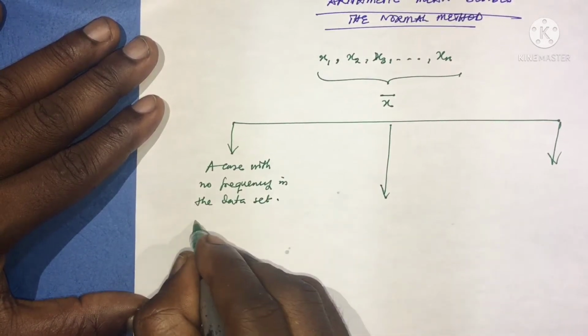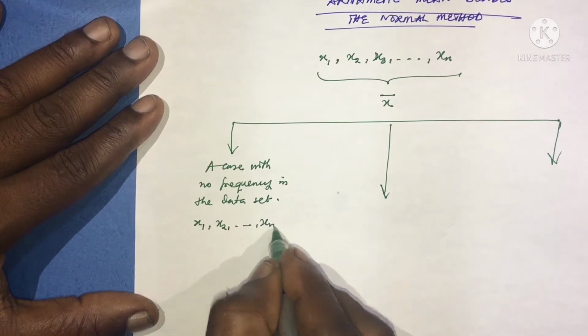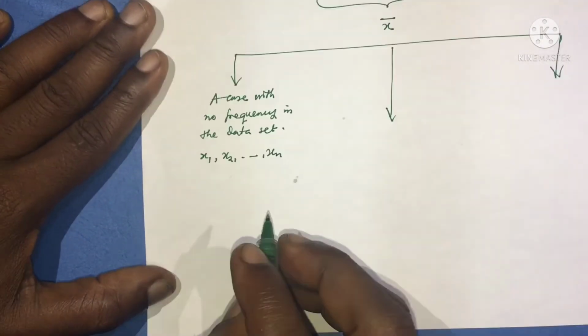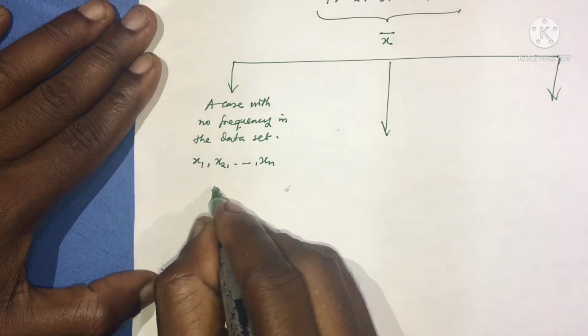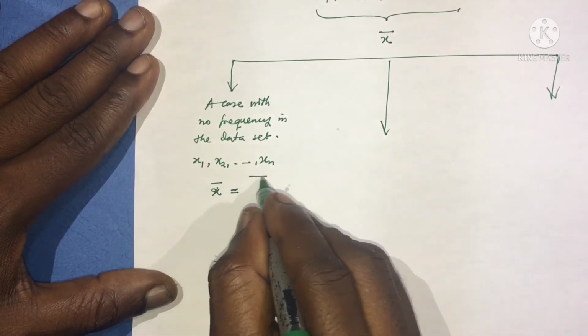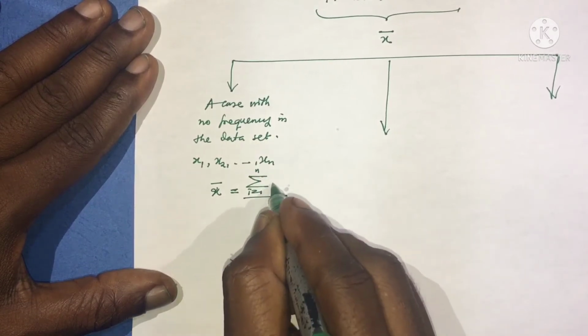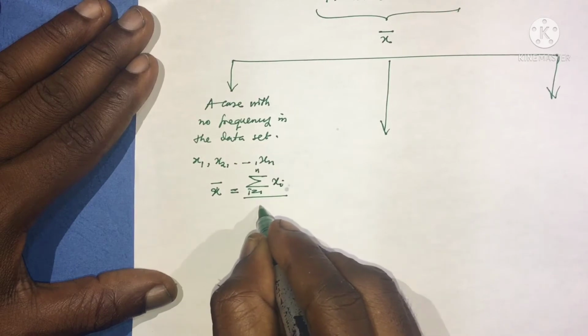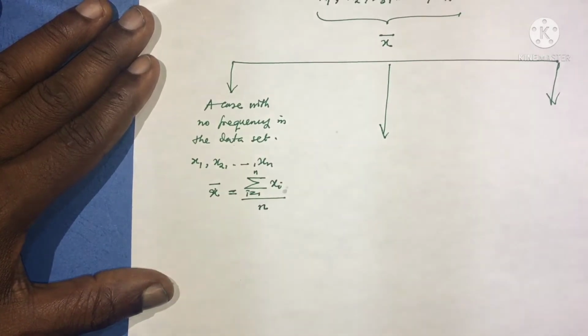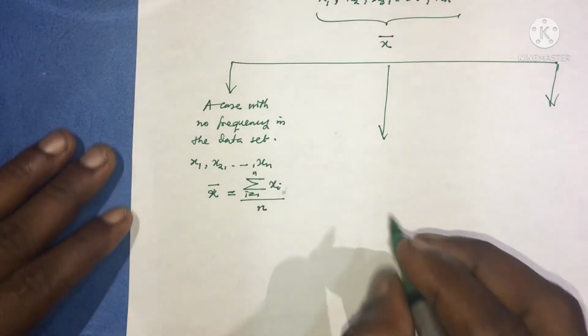If there was no frequency in this data set, x1, x2 up to xn, then the arithmetic mean x bar will be the summation from i equals 1 to n of all the xi's, all over n. That was how we defined the arithmetic mean for that case.